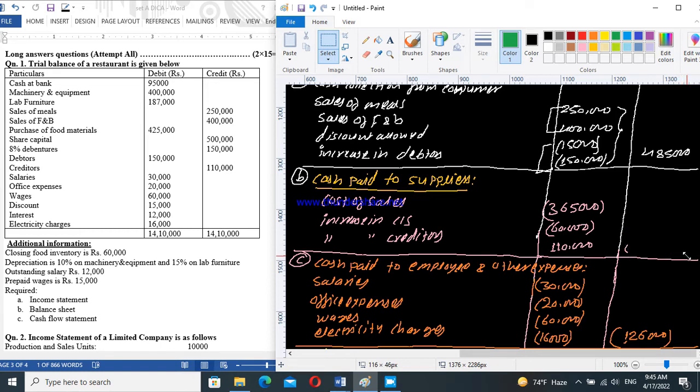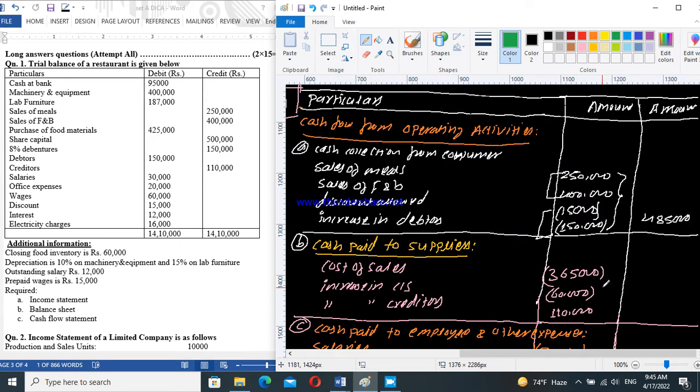Okay, this one, plus and minus is required. The information is wrong. 3 lakh 65 minus 60 minus 110, 3,15,000. That is the correct information. Wait, it's wrongly represented.